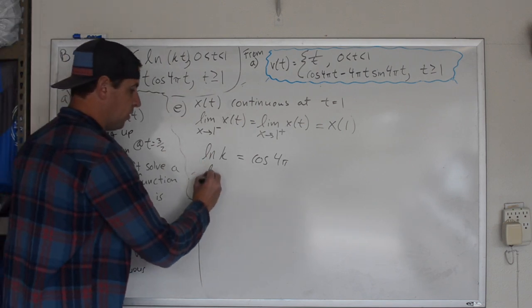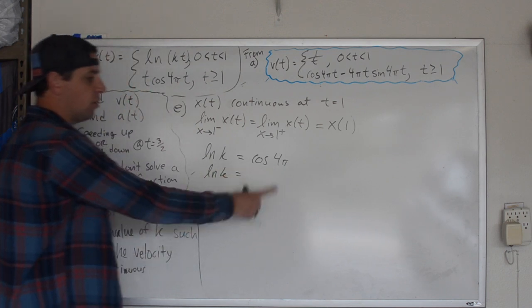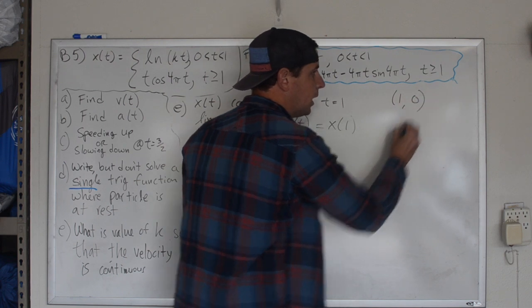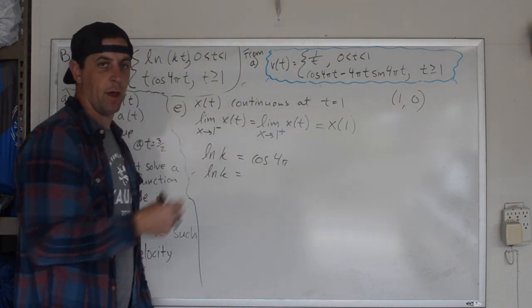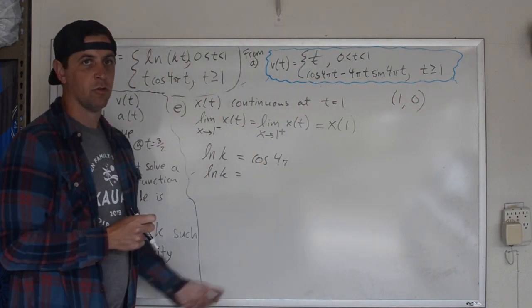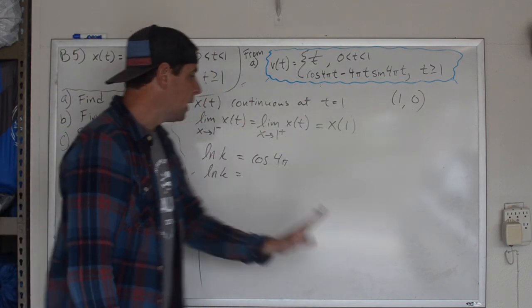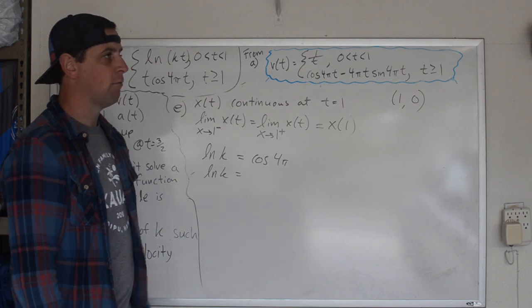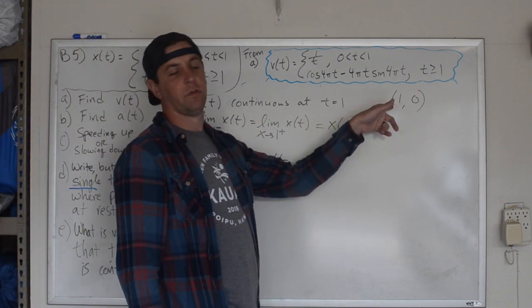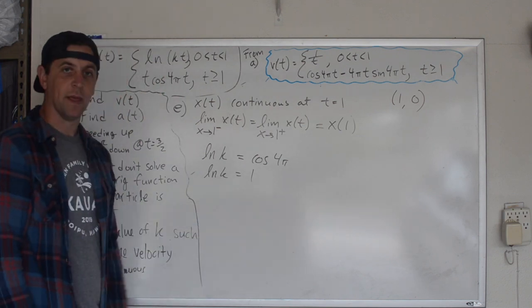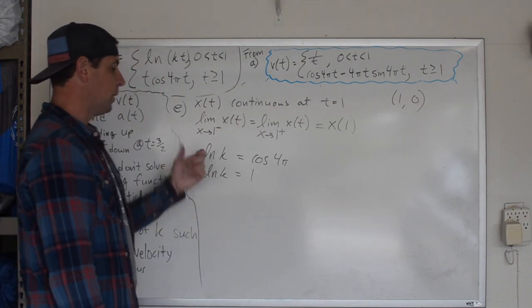Here, this is still natural log of k equals cosine of 4 pi. Remember, 4 pi is 2 full laps around, which is the same thing as 0 radians or 2 pi radians. So the point is 1, 0, and cosine of 4 pi would be the x value there. So the x value there is 1. So now we need to figure out a value of k that would make this true for our function to be continuous.